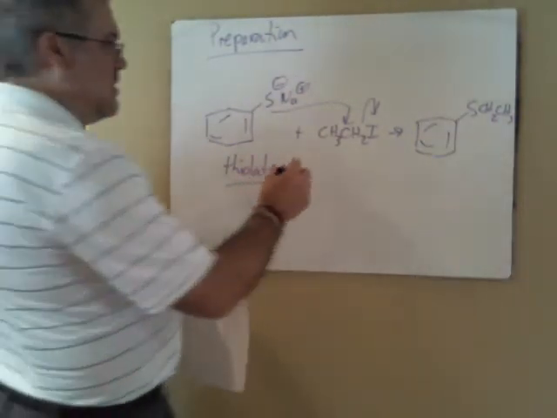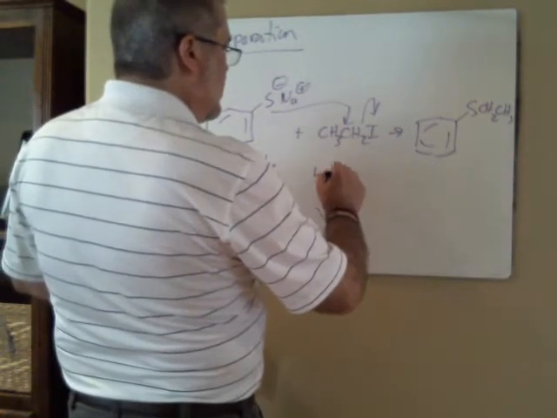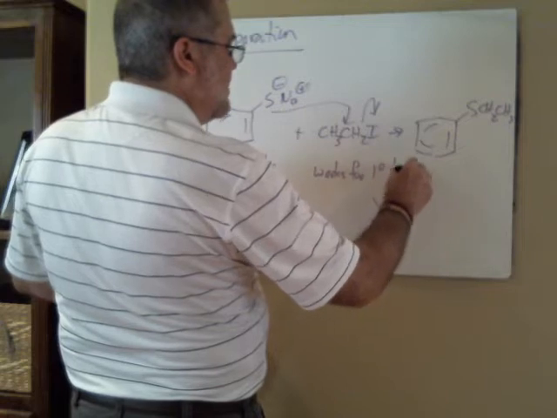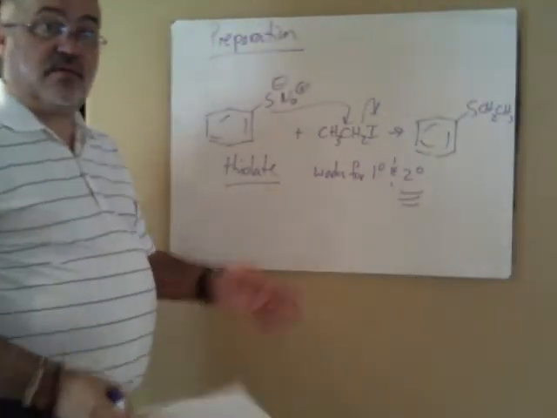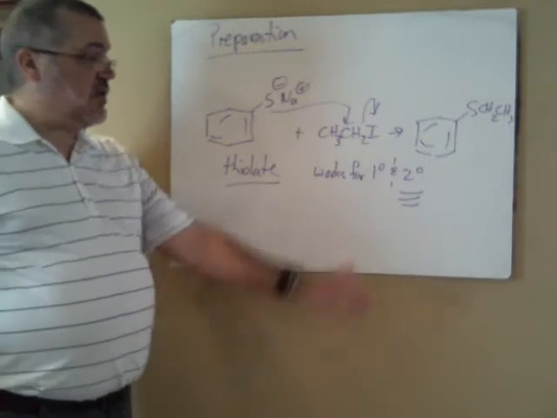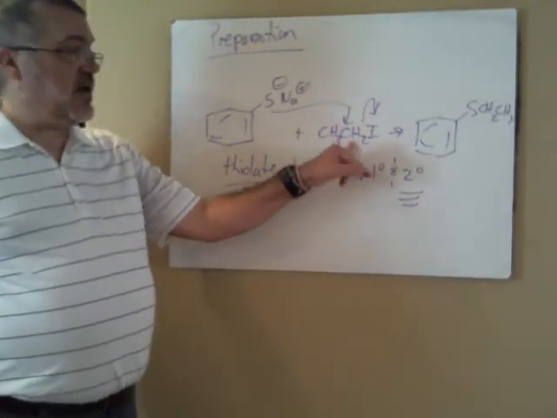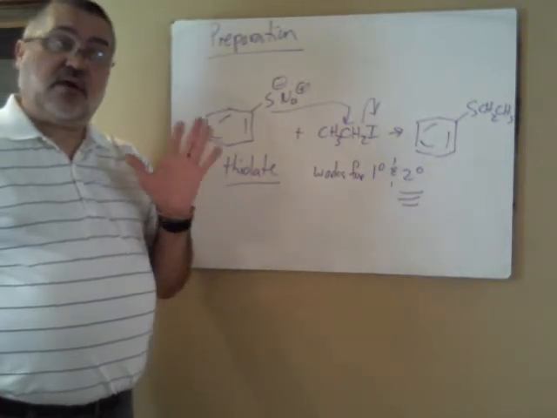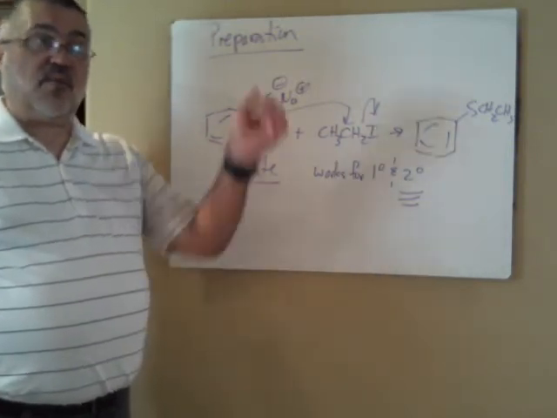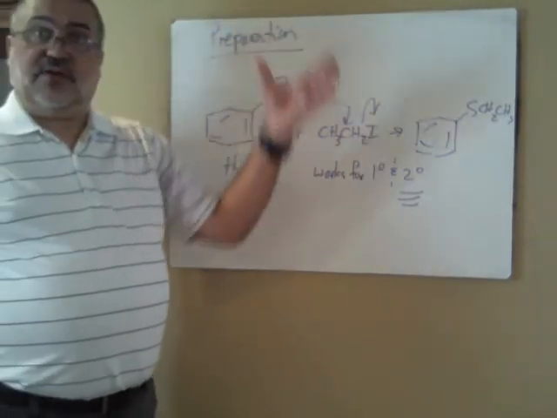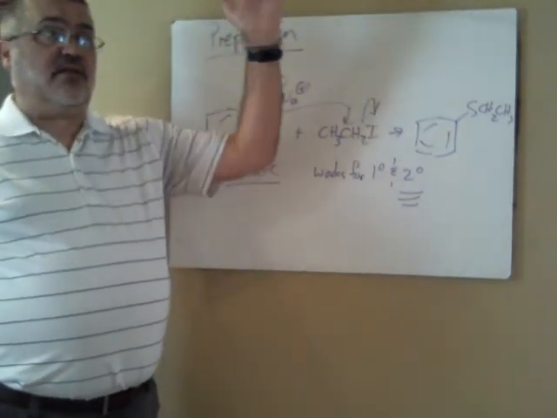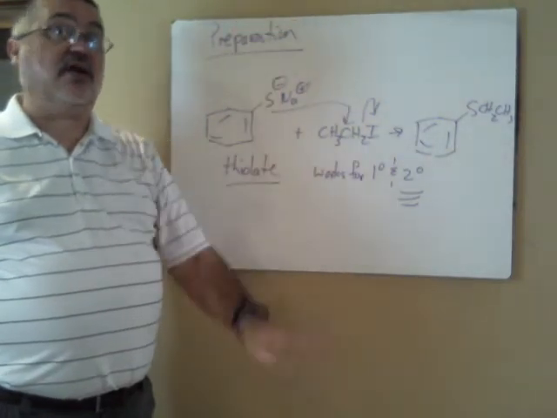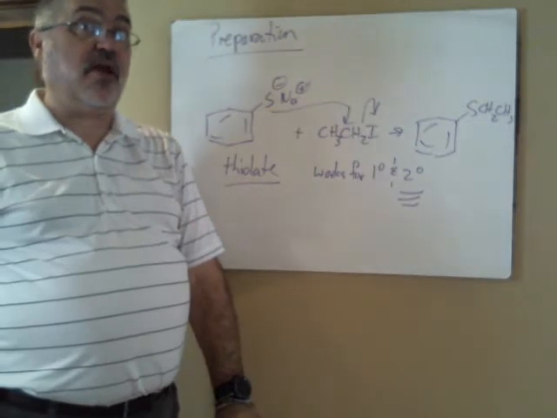Okay, but the nice thing is it works for primary and secondary. So unlike the Williamson ether synthesis, which only worked on primary alkyl halides, here we can actually use secondary and it still works. And that's because a sulfur is more nucleophilic. Remember when we talked about nucleophilicity, we talked about the fact that nucleophilicity generally increased as you went down the column of the periodic table.